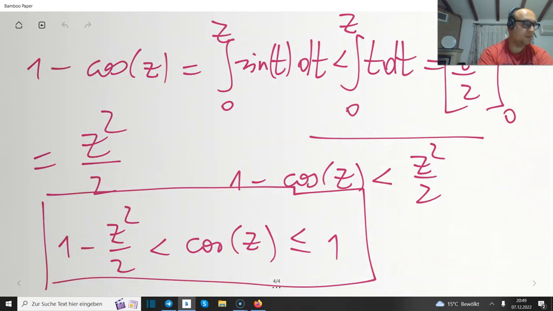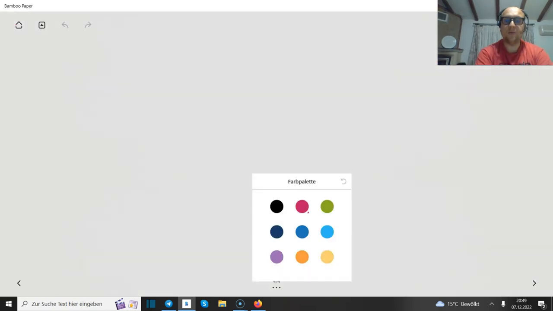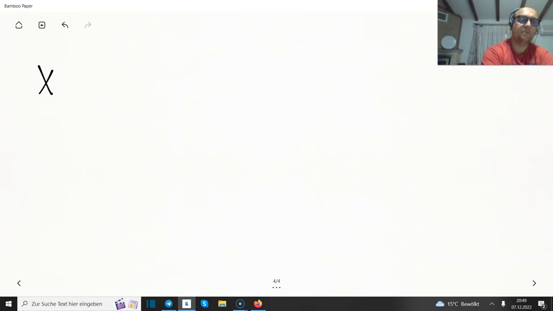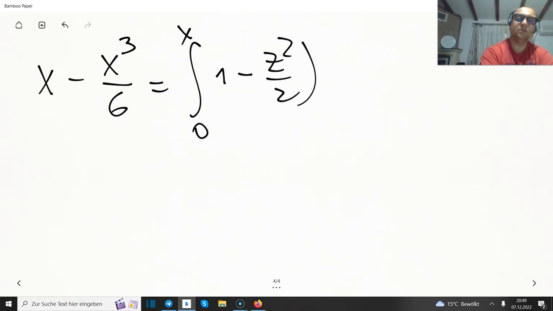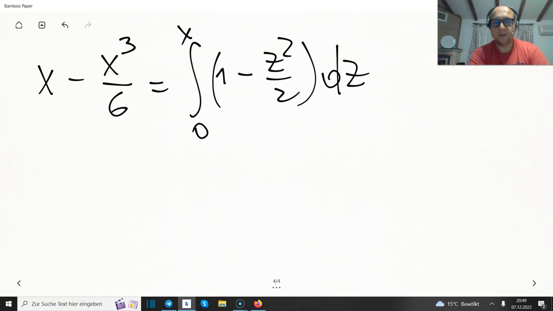And now we're moving further and we're saying, well, how can I rewrite x minus x cubed divided by 6? Well, I'm saying this is equal to the integral from 0 to x of 1 minus z squared divided by 2 dz. Am I right? Well, obviously, if I put 0 as a lower boundary, everything disappears.